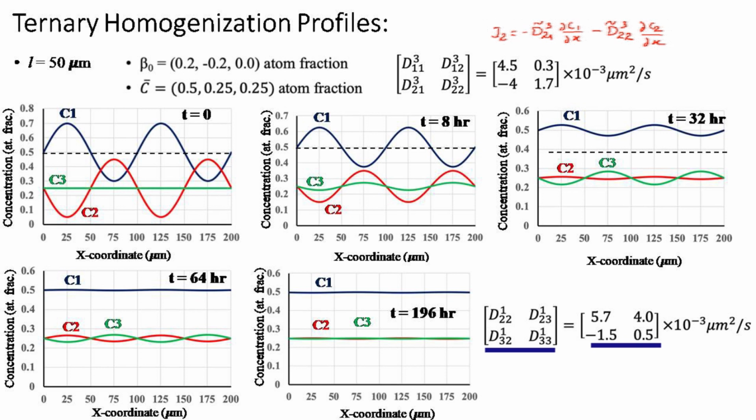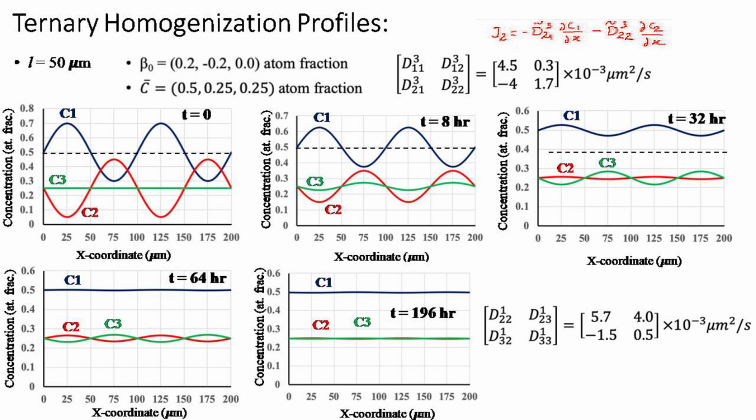It is negative and an order of magnitude higher, and so the interaction of 2 and 3 becomes very important. At the same time, the gradient of 3 was very low to start with. So, if you write the similar equation for J3 in terms of D23 and D33 with component 1 as dependent, we will see that although C3 was flat to start with, there was a gradient in 2, which caused the development of undulations in C3.